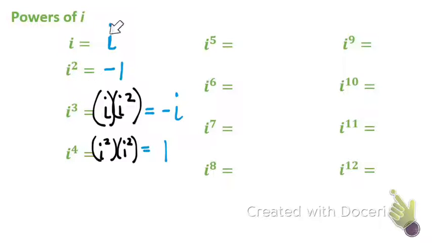When you simplify i, these are your only 4 answers that it could be. So i to any power is going to equal one of these numbers.